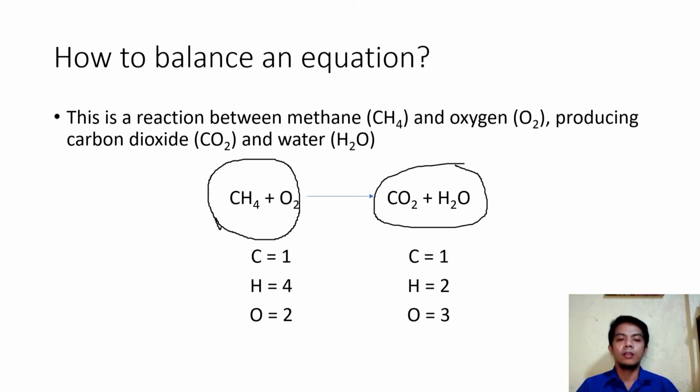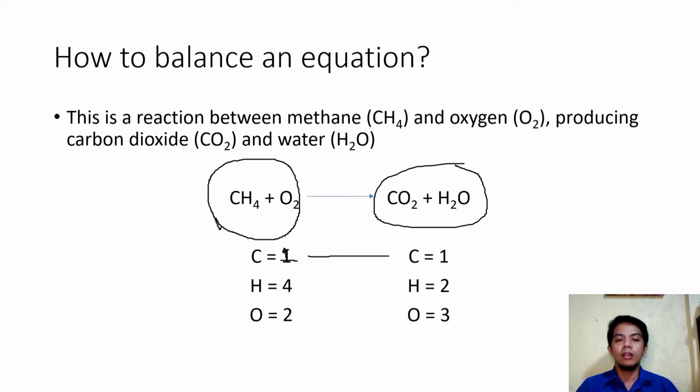Then we need to write down the number of atoms. In the reactants, the carbon is 1, the hydrogen is 4, the oxygen is 2, and in the products, the carbon is 1, the hydrogen is 2, and the oxygen is 3.